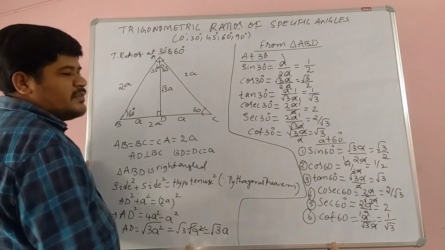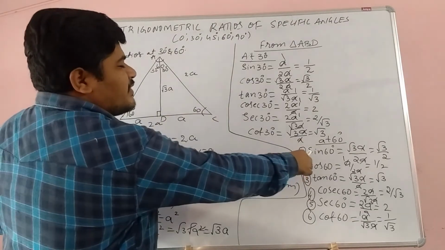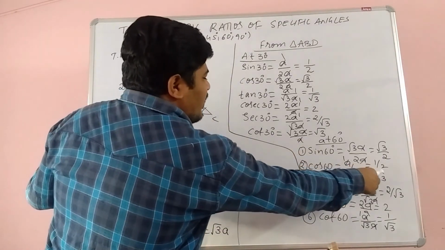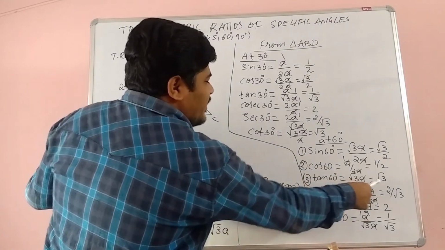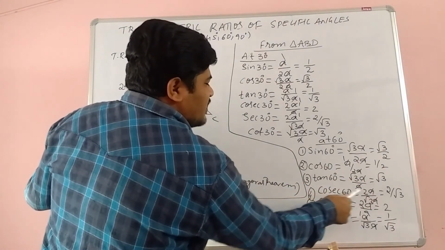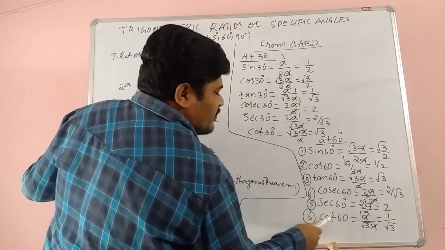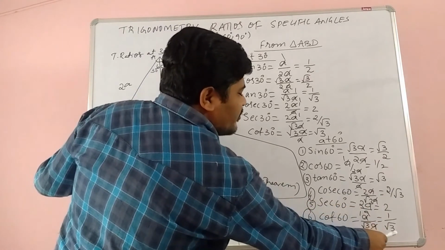Okay, so students, see at 60 degrees, sin 60 is root 3 by 2, cos 60 is 1 by 2, tan 60 is root 3, cosecant 60 is 2 by root 3, secant 60 is 2, cot 60 is 1 by root 3.